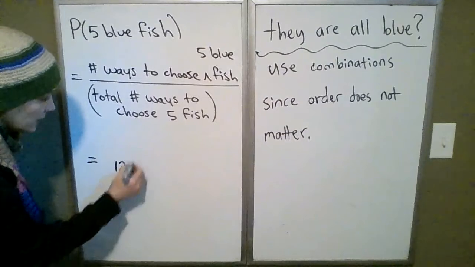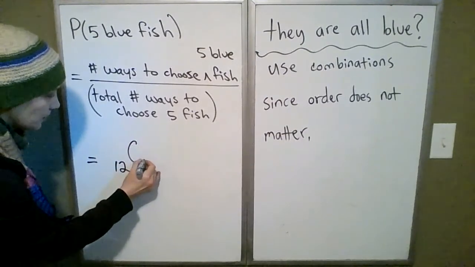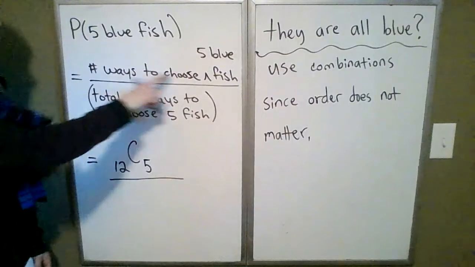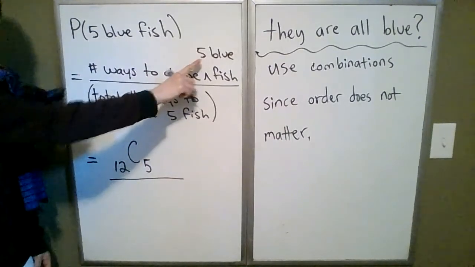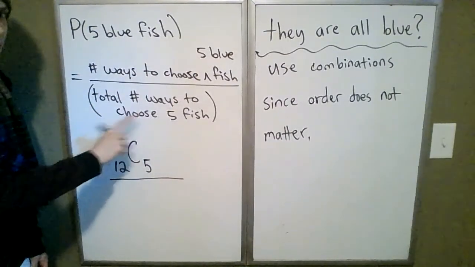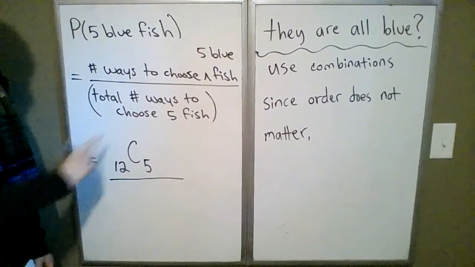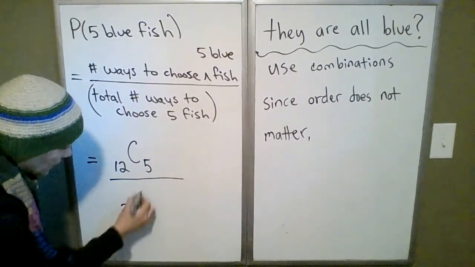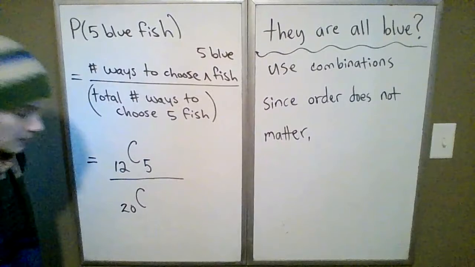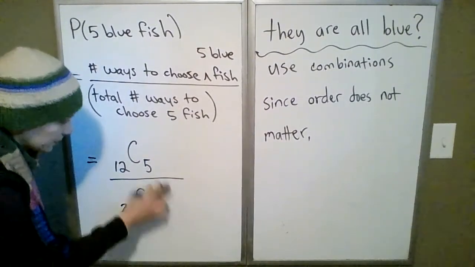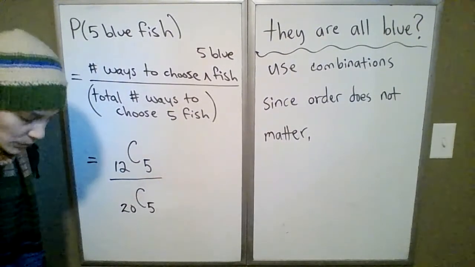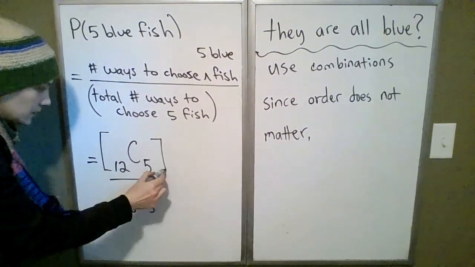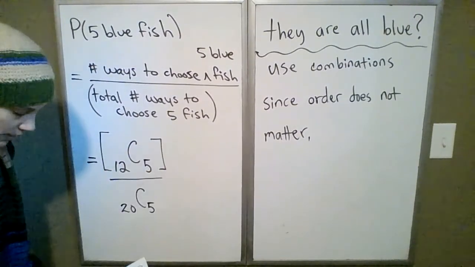Out of the 12 blue fish, choose random 5 of them. That's the number of ways to choose my 5 blue fish. The number of ways to choose any 5 fish is to go to the total, all 20 fish. Choose any 5. So I've got 12 choose 5, divided by 20 choose 5.